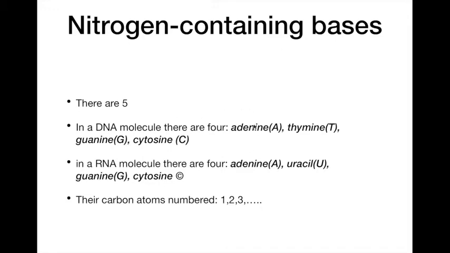There is adenine, thymine, guanine, and cytosine. In an RNA molecule, there are adenine, but instead of thymine, there is uracil, guanine and cytosine again. I'm going to call them by the first letter: A, T, G, C, and A, U, G, C again.